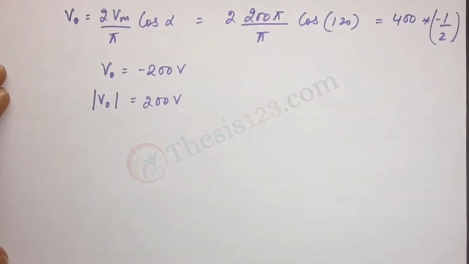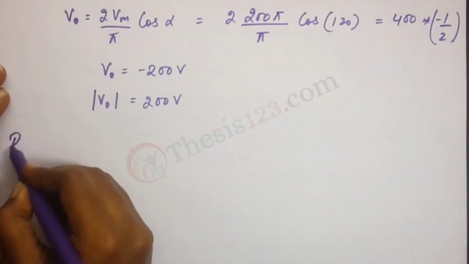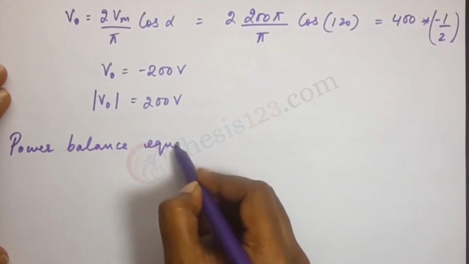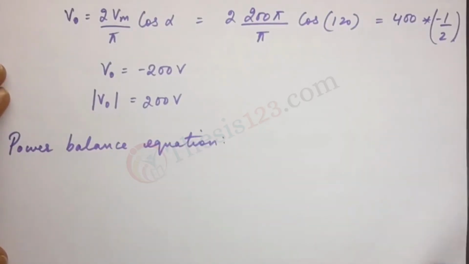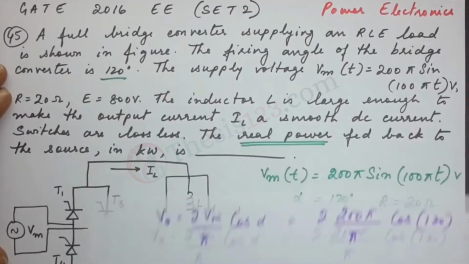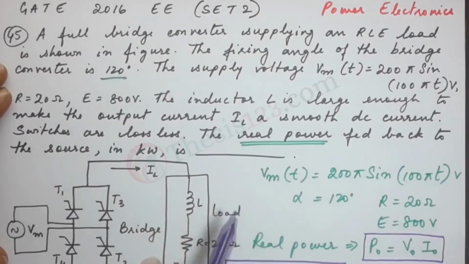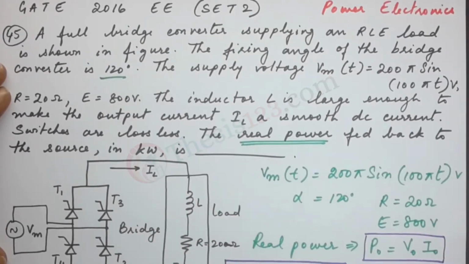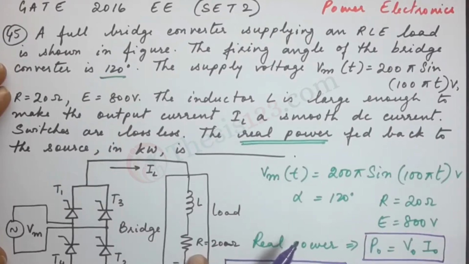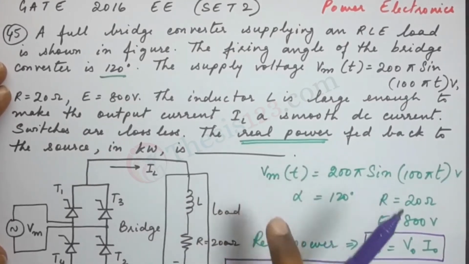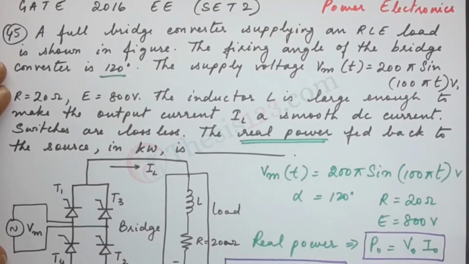So we have V0, we still need to figure out the value of I0. Here we use the power balance equation. Okay, so let's look at the circuit. Now, look at the output over here. This is a place where we will have to concentrate. The power balance equation would be E times the output current I0, equal to the power dissipated by this resistor plus the real power V0 I0.